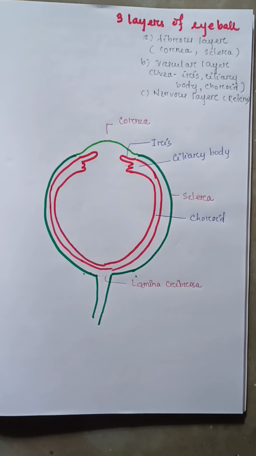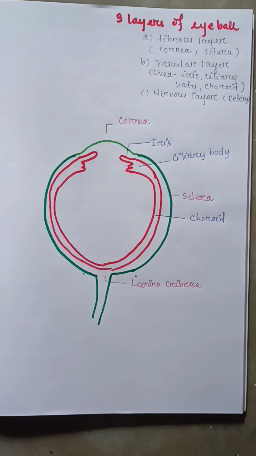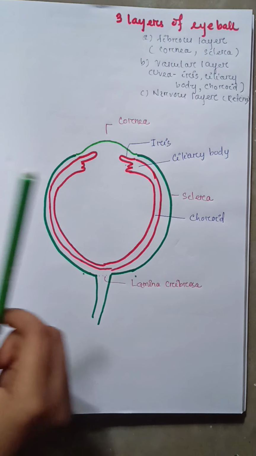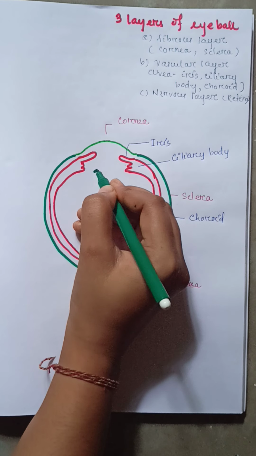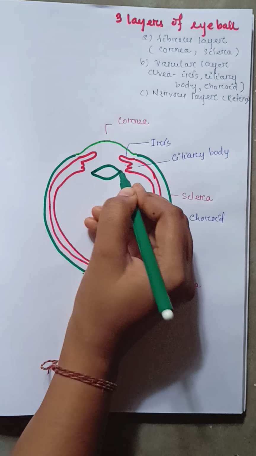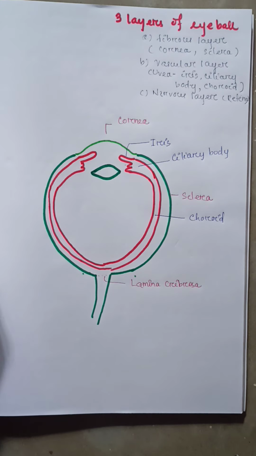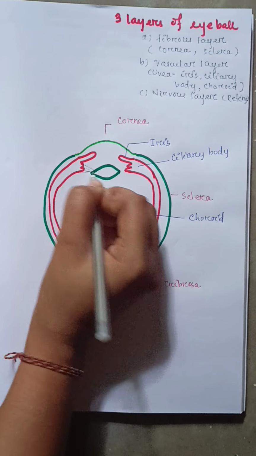Then we will do the innermost part. The innermost part is the retina. So before going to the retina, we should draw the lens here. That is the crystalline lens. The suspensory ligaments from the ciliary body hold the lens, that is the zonules.